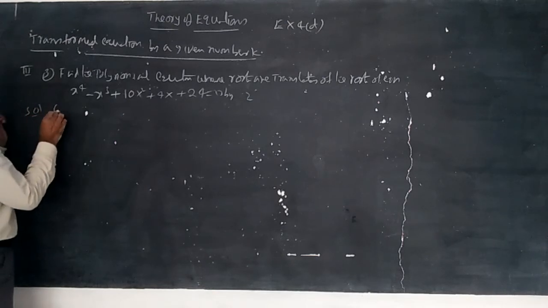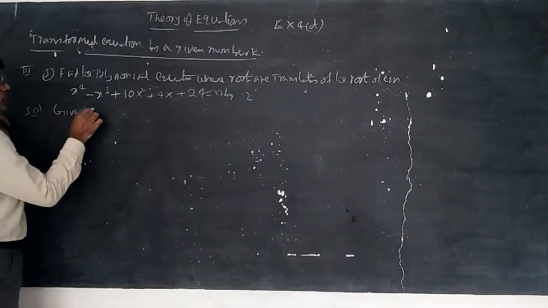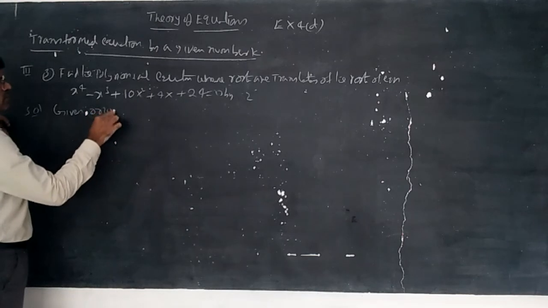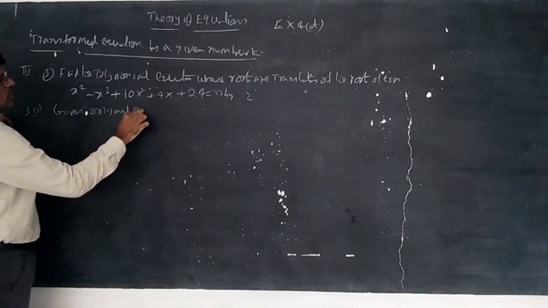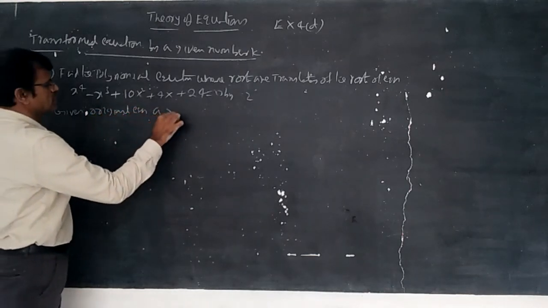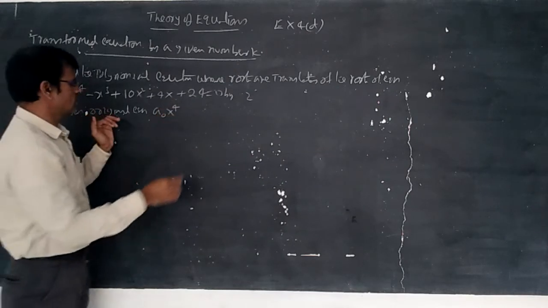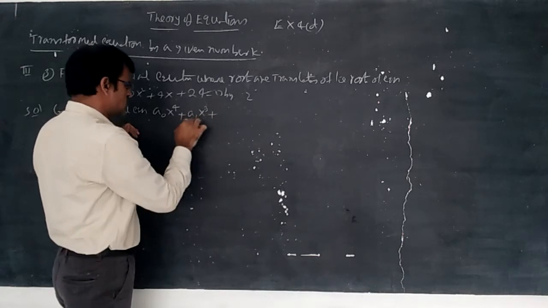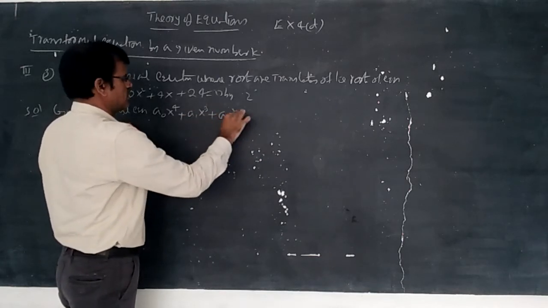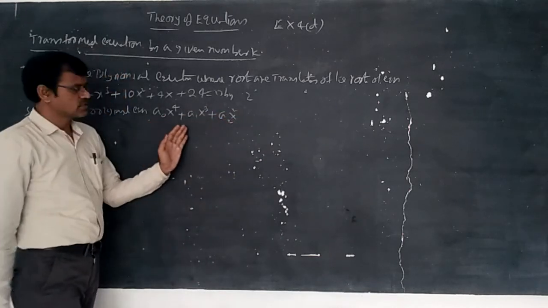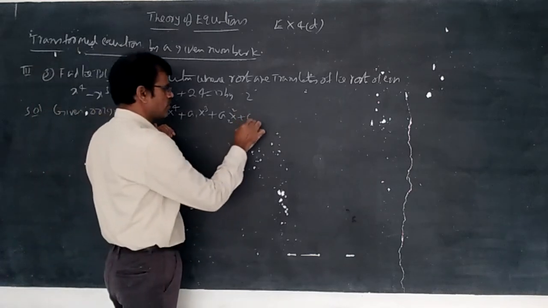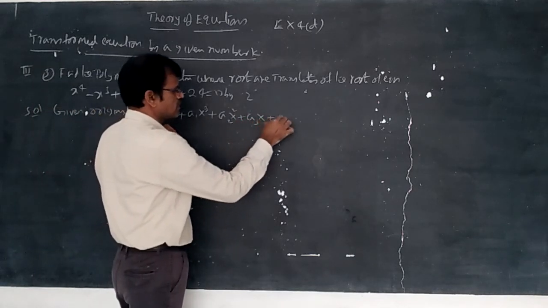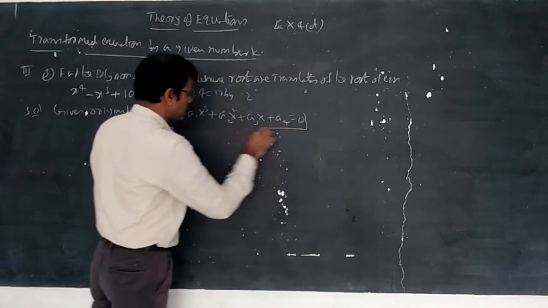You can understand here, given original equation is a naught x power 4 plus a1 x cube plus a2 x square plus a3 x plus a4 equal to 0.